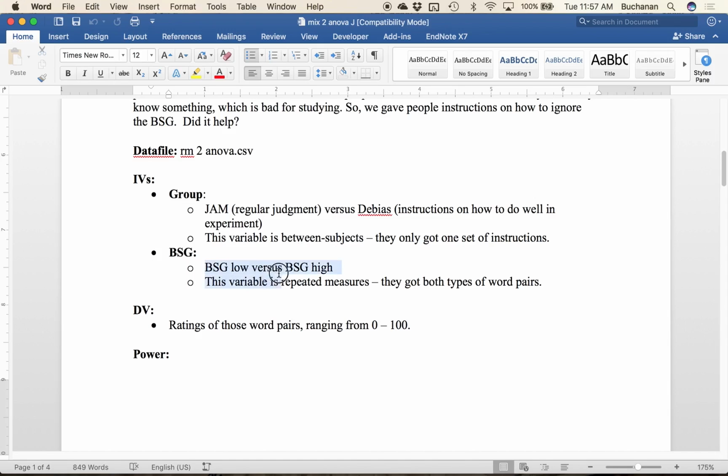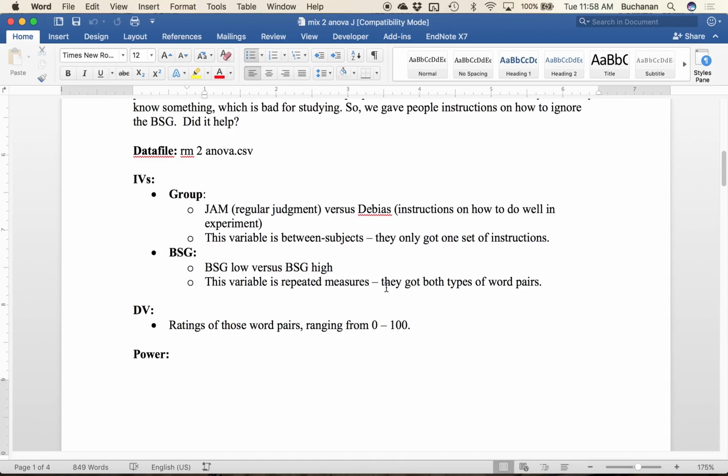The BSG variable is repeated measures, or within subjects, where they saw both low related words and high related words. So we manipulated what types of words they were seeing, pairs where some of them don't have a very high backward strength and some of them have a high backward strength. For example, on and off are high forwards and backwards, but cheddar cheese is one that's only high backwards.